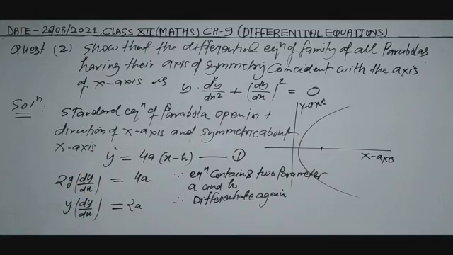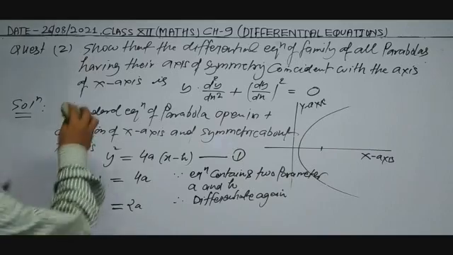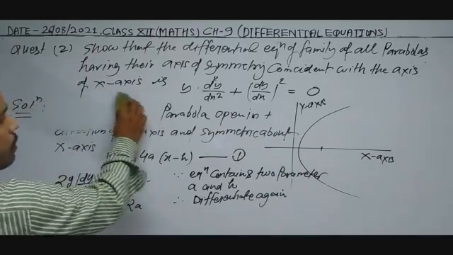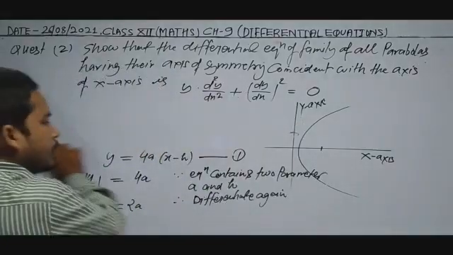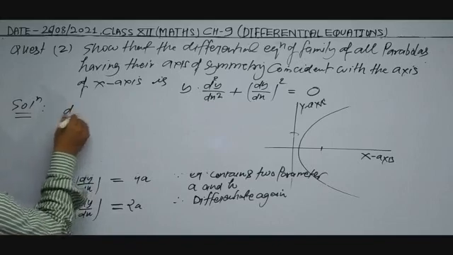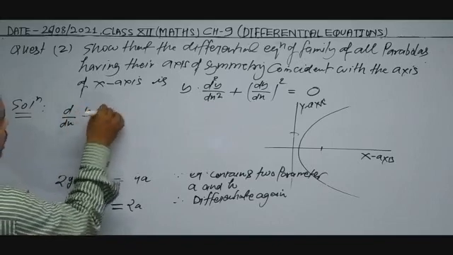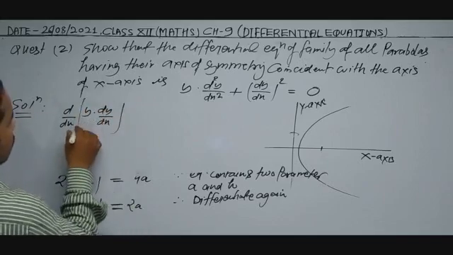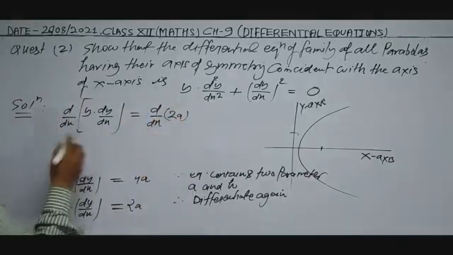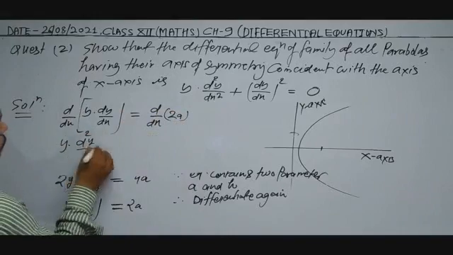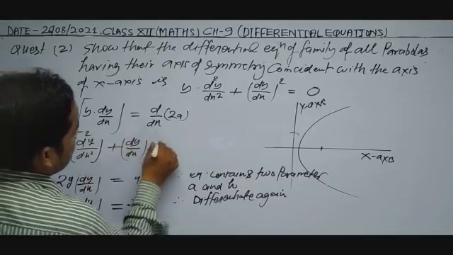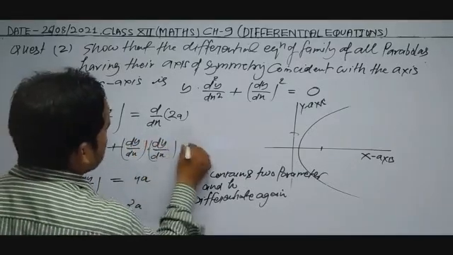Now see, d by dx of y times dy by dx is equal to d by dx of 2a. Now first function times differentiation of second function plus second function times differentiation of first function, and the result is 0.